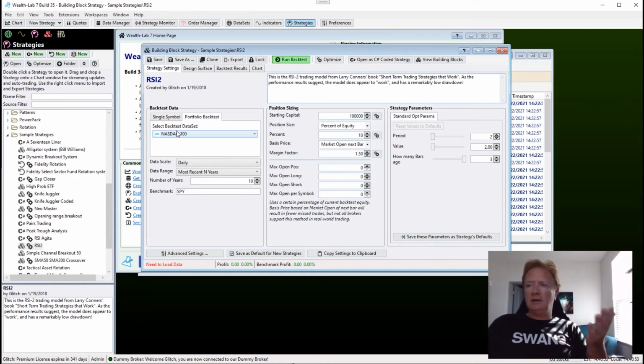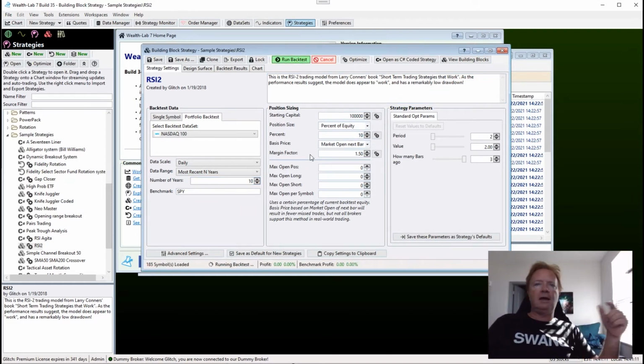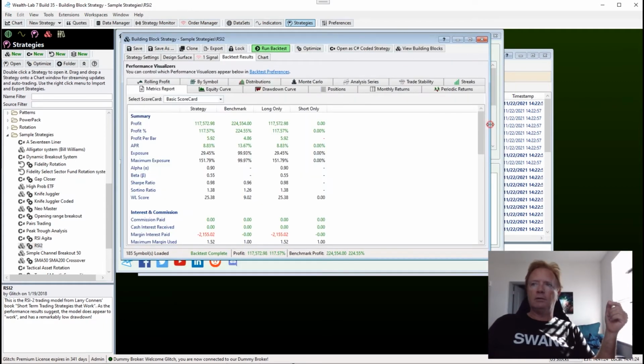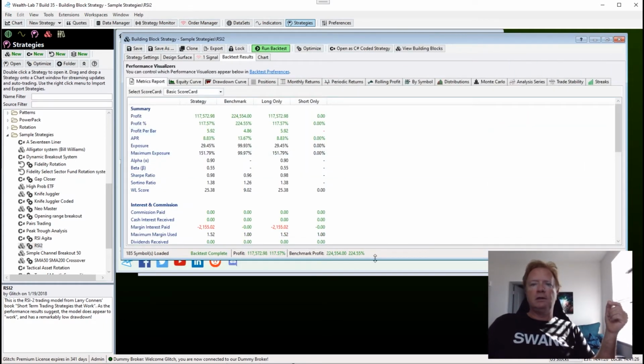This data set intelligently brings in the symbols that were in and out of the NASDAQ 100 index over a historical period. And we'll test for a period of 10 years with 10% of equity position sizing. So let's go ahead and run that. And our results are complete.